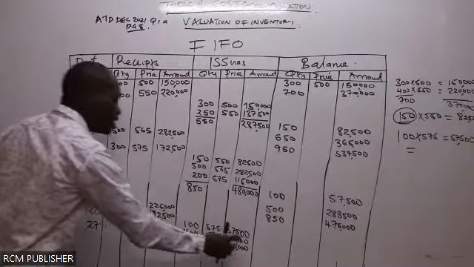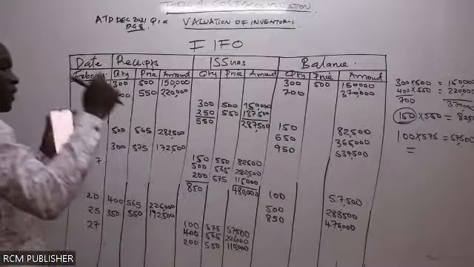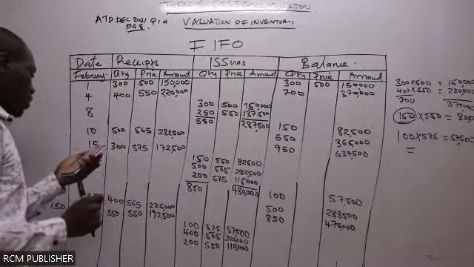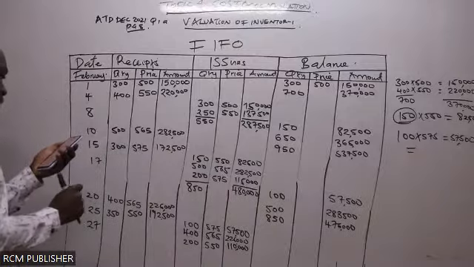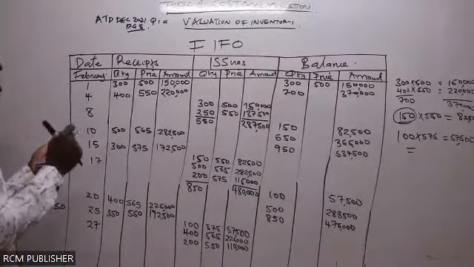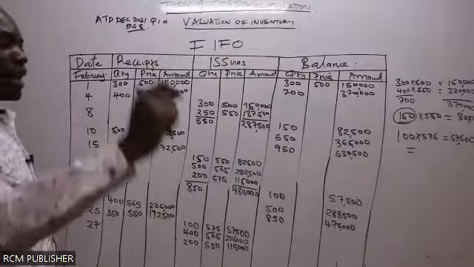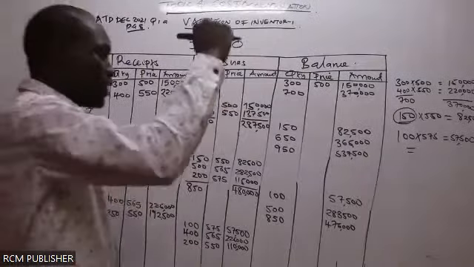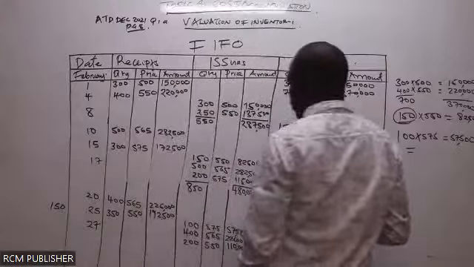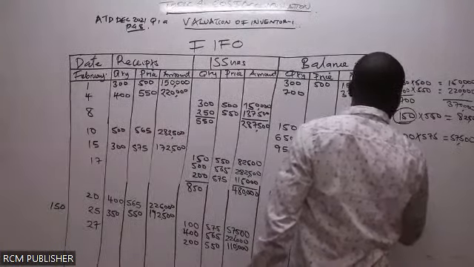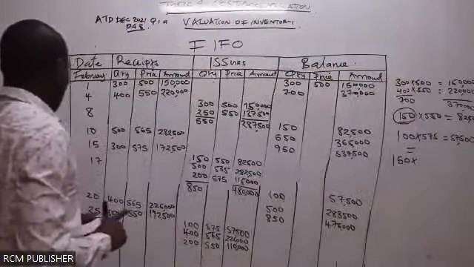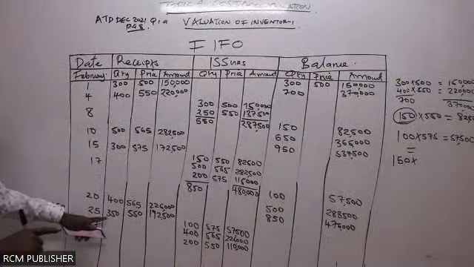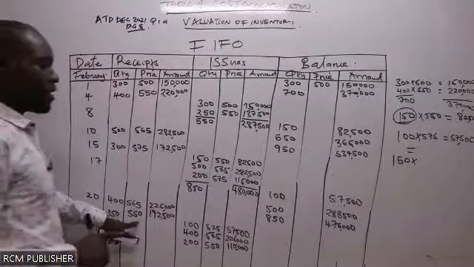Even before we calculate to confirm, I know very well that because there is no other transaction, and 27th is the last date, I can get the value of the closing inventory. My closing inventory in terms of units is 150, and that 150 represents goods brought in on 25th at 550.